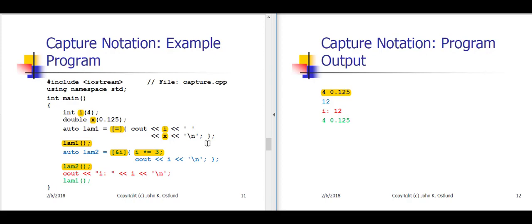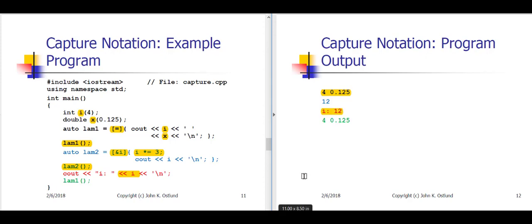In other words, since i is being captured by reference here, and i's initial value is 4, what happens in the body is that 4 gets replaced with 12, that is 4 times 3. 12 is displayed when I call lam2, and then when I display the value of i after lam2 has been called, I'll discover i has been changed to 12.